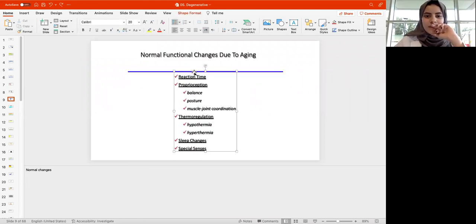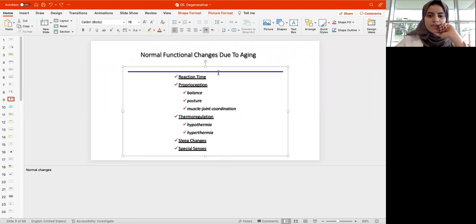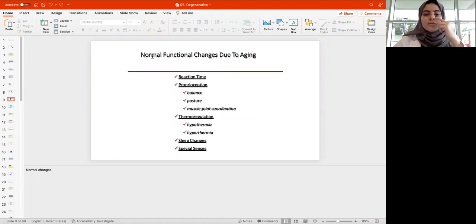Now, normal functional changes due to aging. If you look at an elderly person, what's the difference between them and a teen? Their reaction time, their reflexes, their proprioception, their balance, it all declines, and these are all normal. But in dementia or other cognitive disorders, they become worsened.